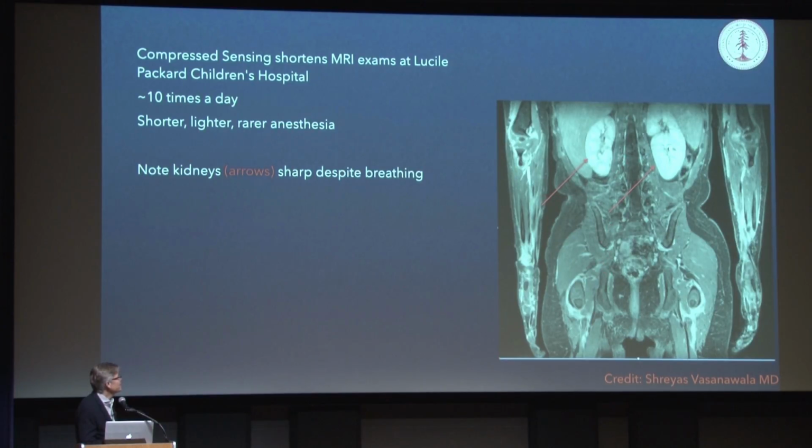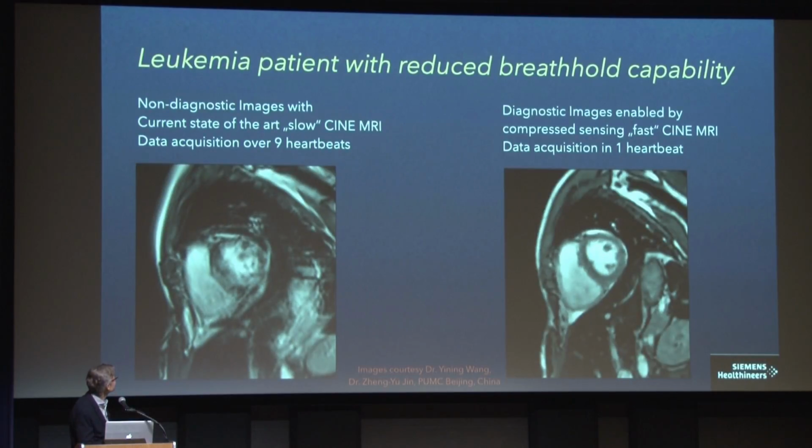Here's an example of imagery taken very rapidly, and the child is breathing and fidgety and whatever, but in just the seconds that they were able to acquire, they got sharp imagery of the kidneys despite the lack of immobilization of the patient. And so that's soft tissue that you wouldn't be able to learn from X-rays.